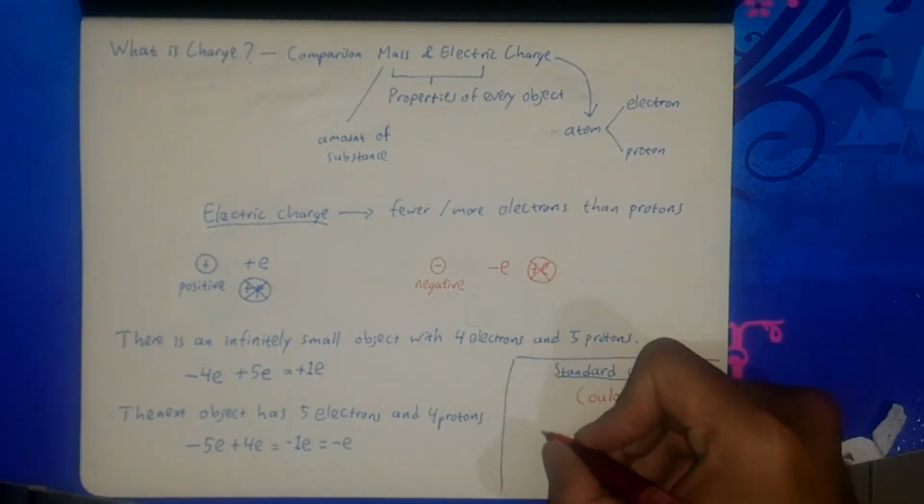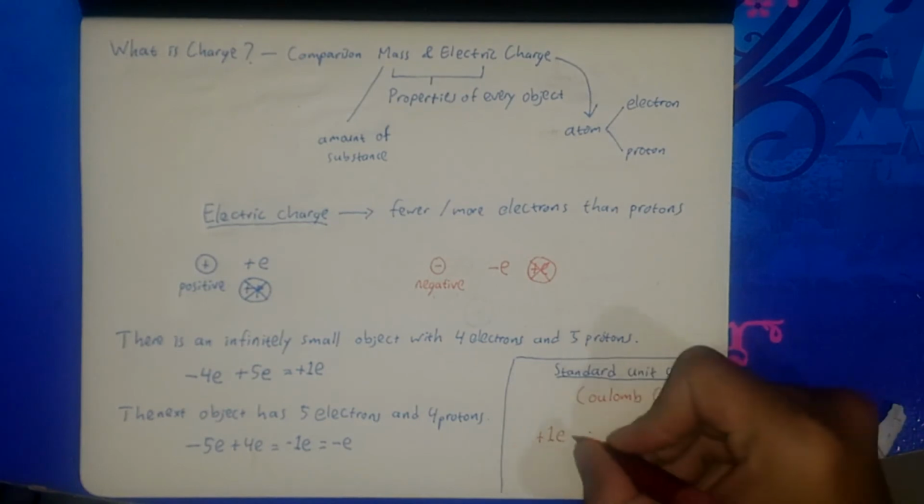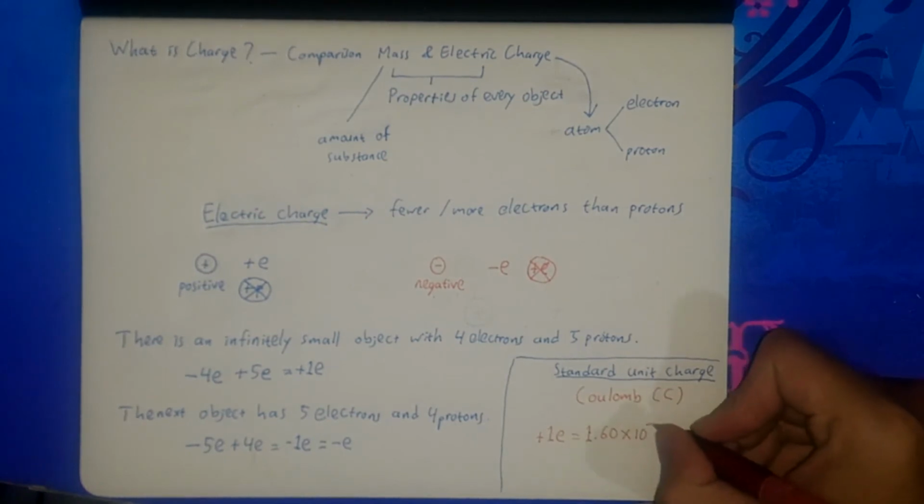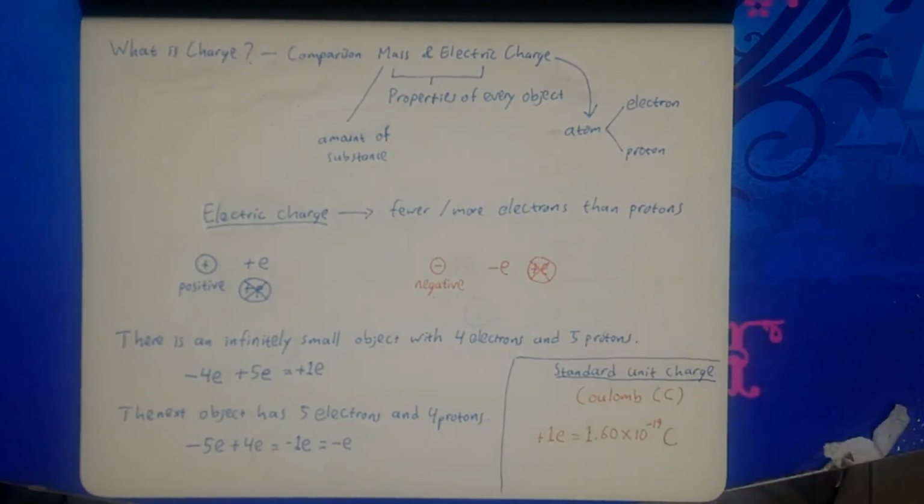The conversion factor is that positive 1e equals positive 1.60 times 10 to the negative 19 coulomb. Another thing we need to remember is that this number is also called the fundamental unit of charge. Why? Because this number represents the charge of 1 electron or 1 proton.